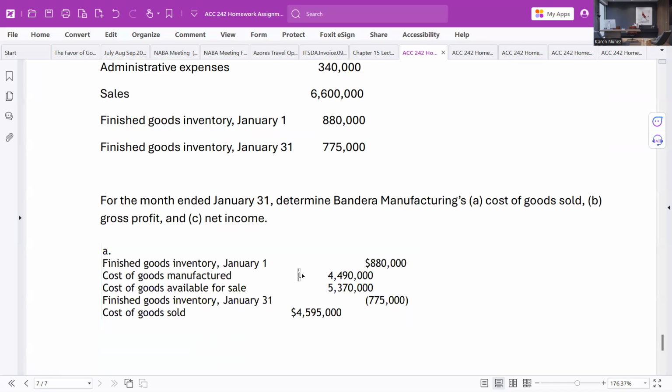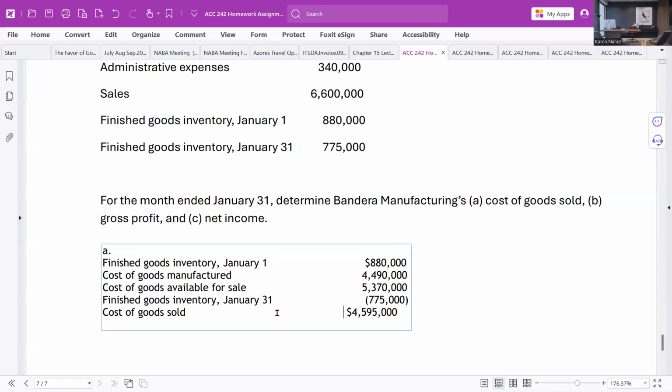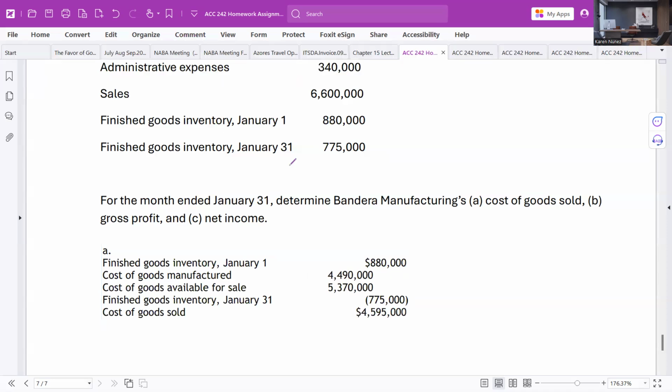So here's what we have. Okay, so let me see if I can get my little pencil here.